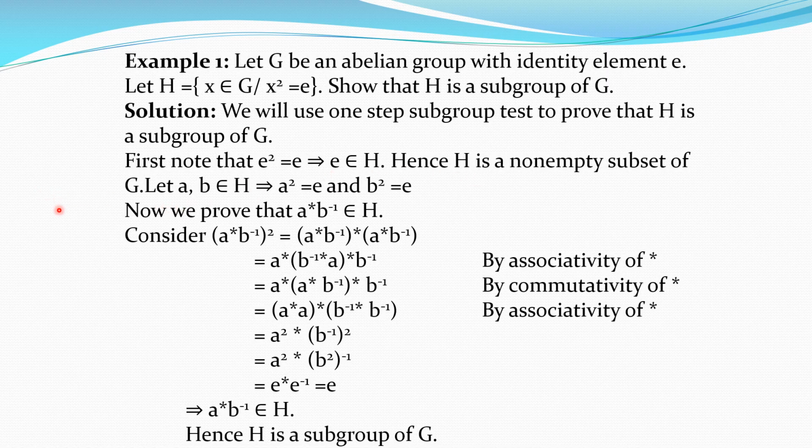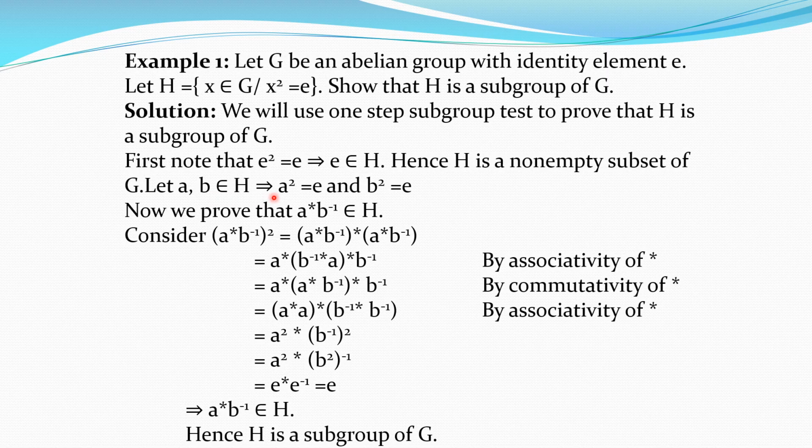Now to check the condition, we take two elements A and B from H. As A and B are in H, by definition, A and B are elements of G satisfying the condition X squared equal to identity. So we get A squared is identity and B squared is identity.